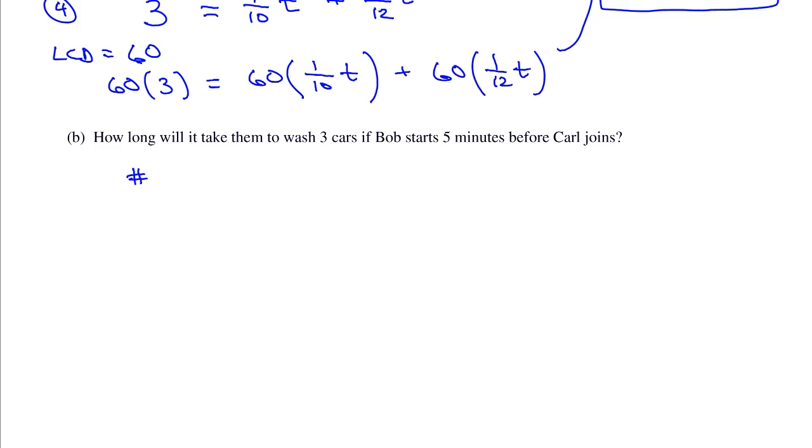So we're going to use most of what we have before, but this time the number of cars Bob washes is still the rate that Bob washes cars, but the time is now t, the time that he and Carl work together, plus 5 minutes.